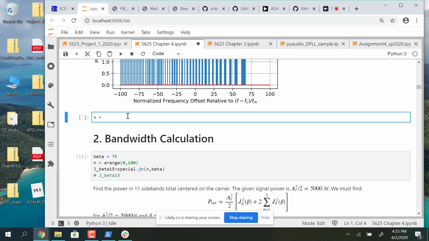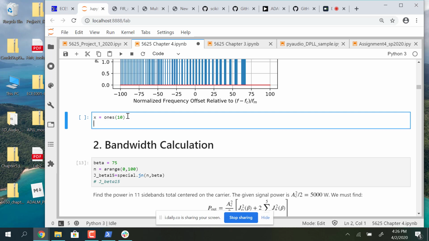I don't have anything made yet, so I'm just trying to come up with something that has a length. I'm going to say a vector of ones of length 10. And then I'm going to create N8, like I was calling it, which will be a range of length of x.